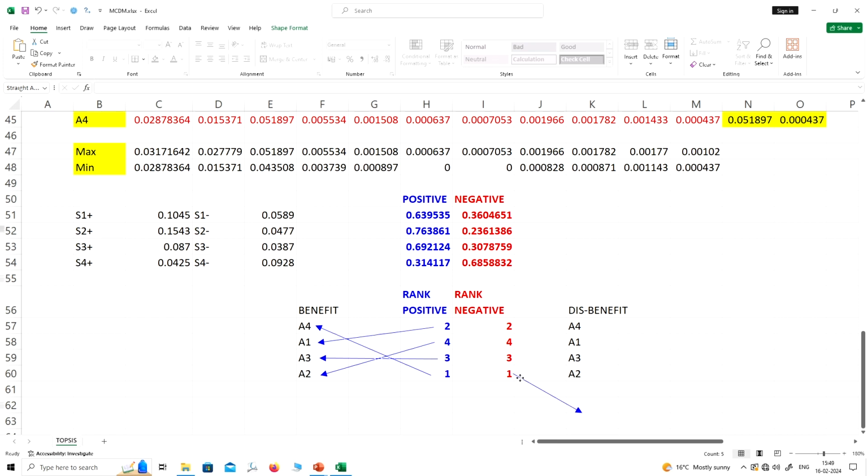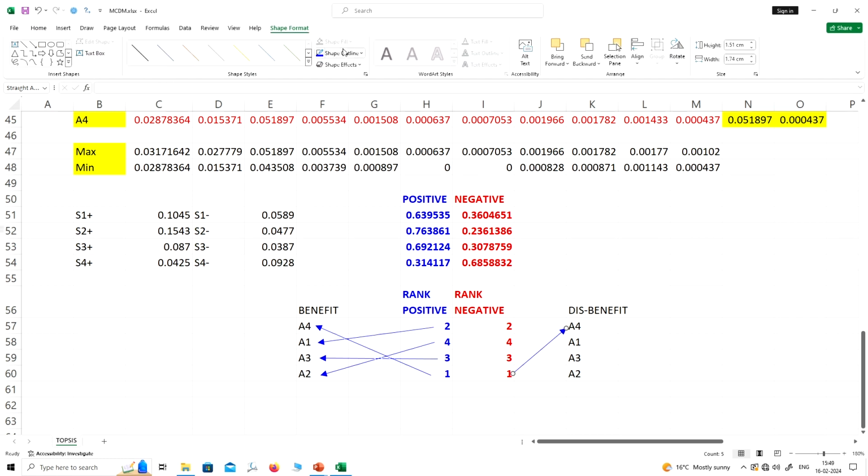So, the first one goes here, and I am using the red color in order to specify. The second one basically is this, the third one is basically this, and the fourth one is again the same.